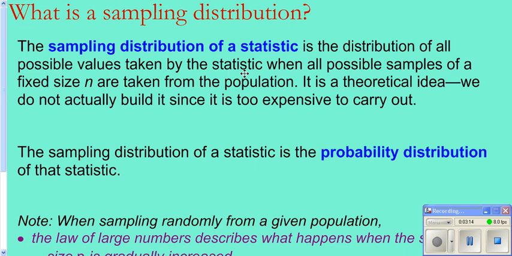Your sampling distribution is when you take a sample of a certain size, we'll just say of size 10, collect your mean from that, take another simple random sample of size 10 from your population, and you plot all your means. You end up getting a sampling distribution.